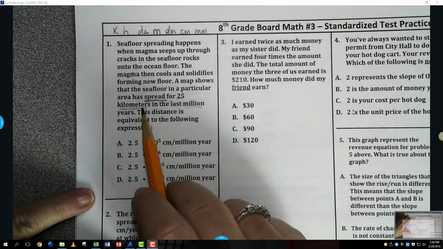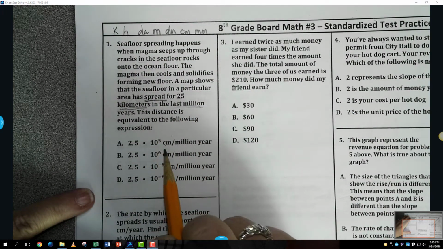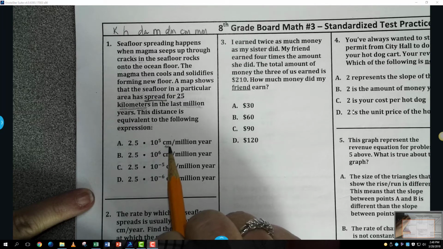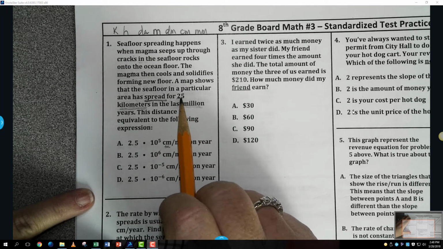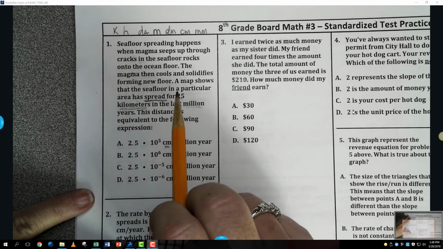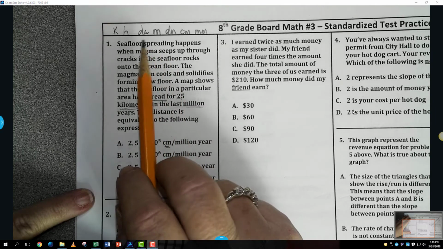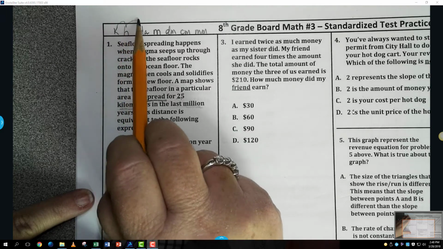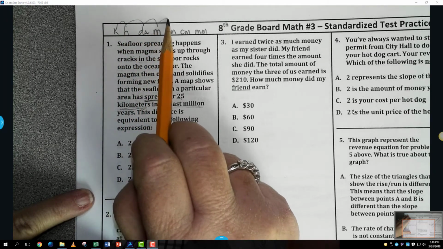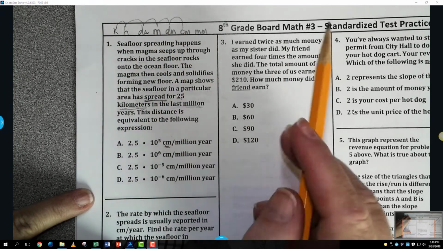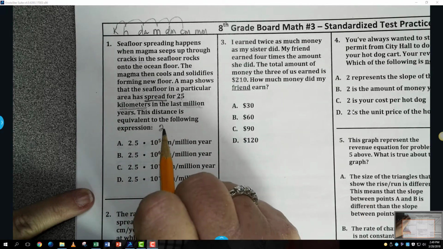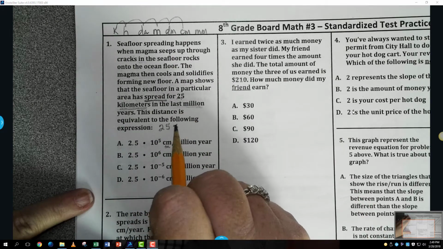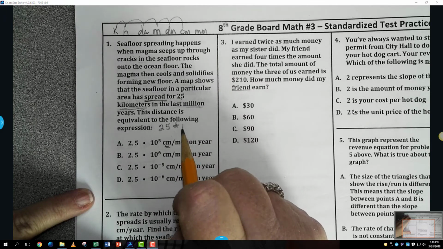So if it's 25 kilometers, but I need to convert that to centimeters, I'm going to take that 25 and multiply it by 1, 2, 3, 4, 5. I'm going to multiply 25 times 10 to the 5th.